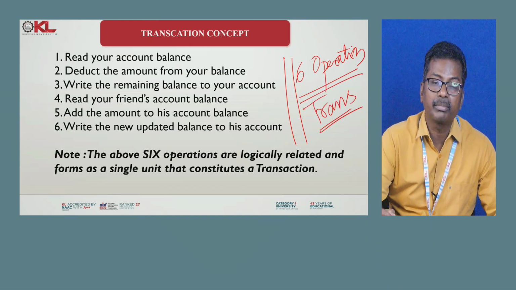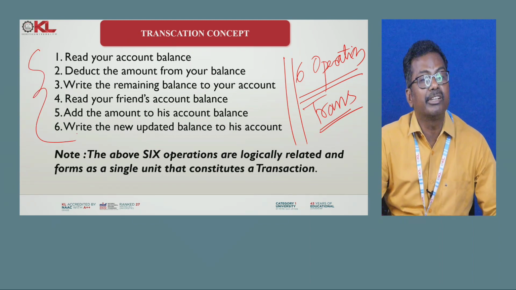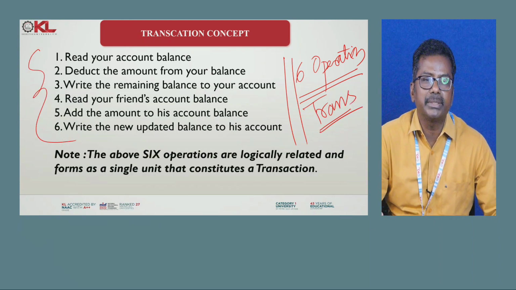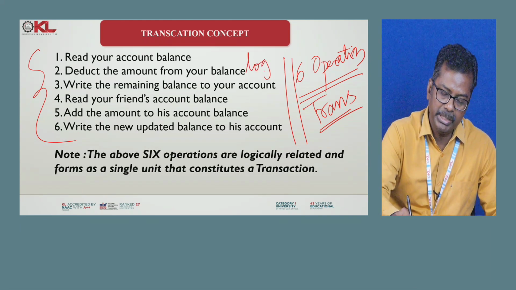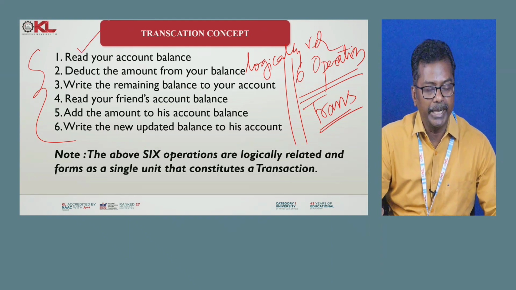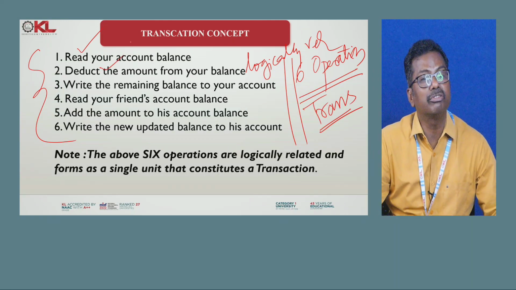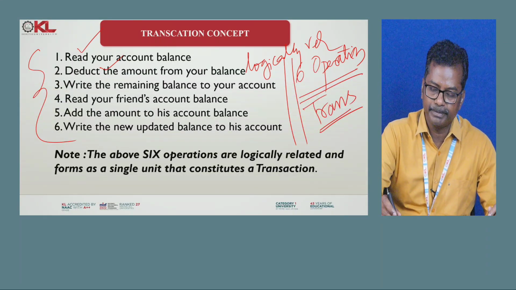You can notice that all these 6 operations are logically related with one another. For example, reading the account balance and deducting the amount from your balance, both are logically related. Similarly, write the remaining balance to your account and read your friend's account balance.